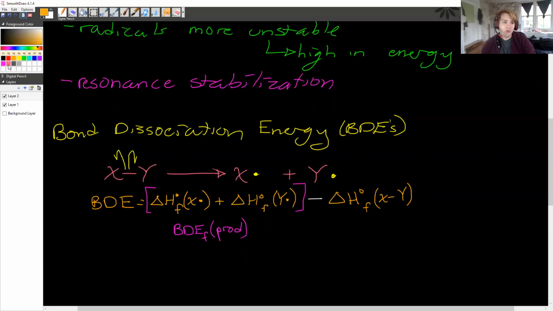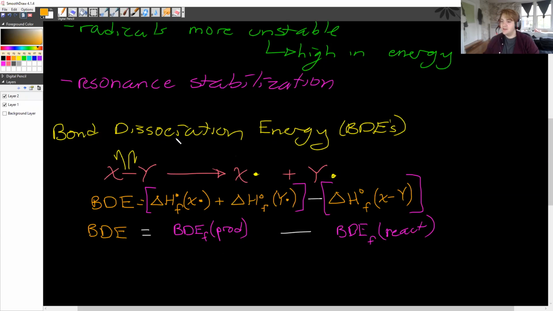Of course, we can put brackets around this and call this the reactants, the bond dissociation of formation of the reactants. Essentially, the equation we have here is that the product bond dissociation energy minus the reactant gives us the total energy change, and this total energy change can be represented as the bond dissociation energy.